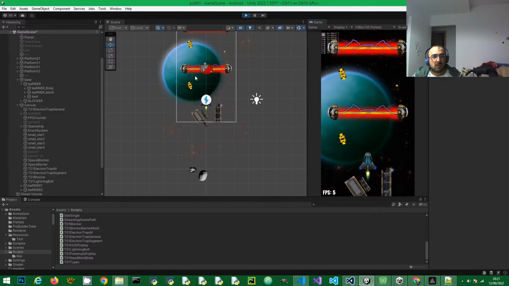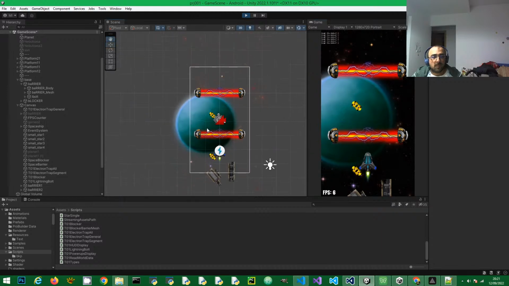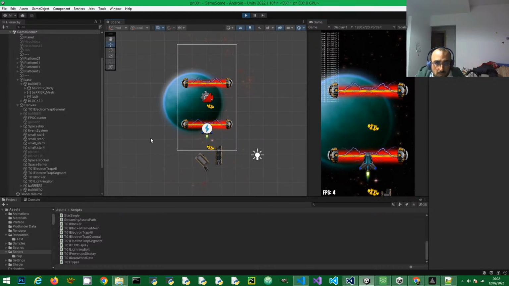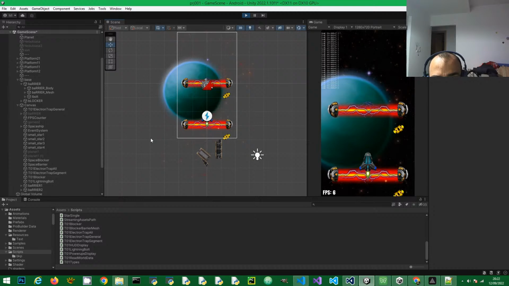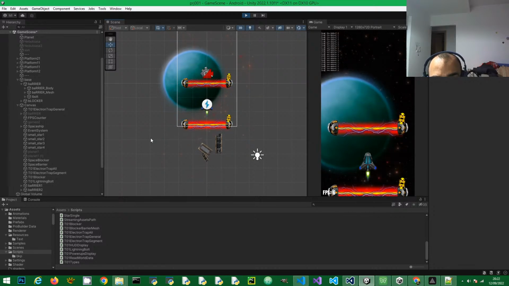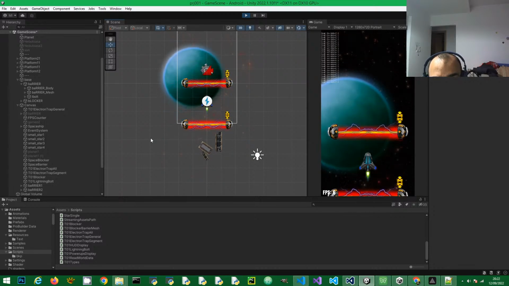Okay. So they rotate around a certain point, the middle of the barrier.